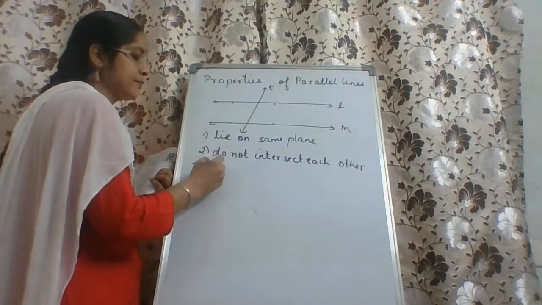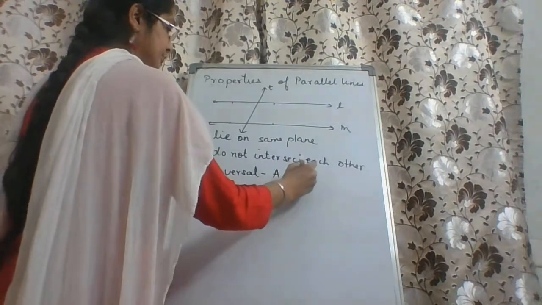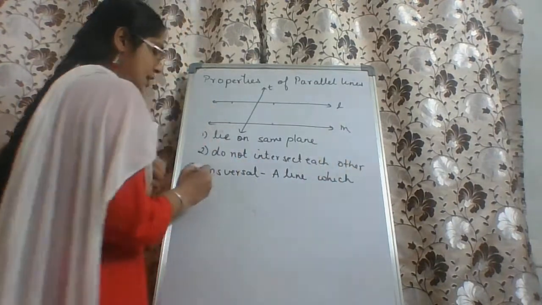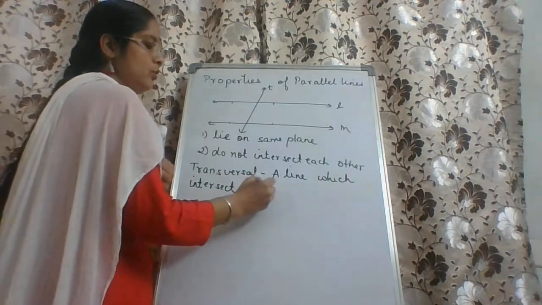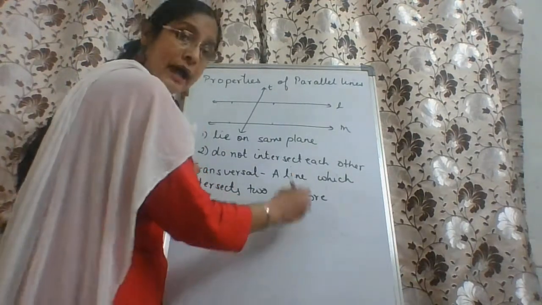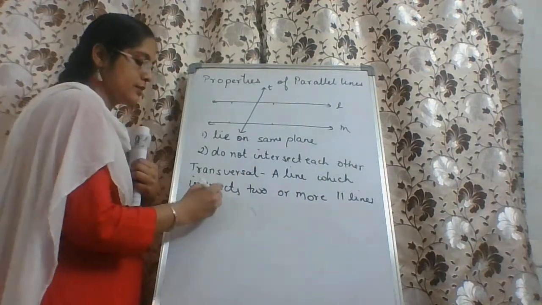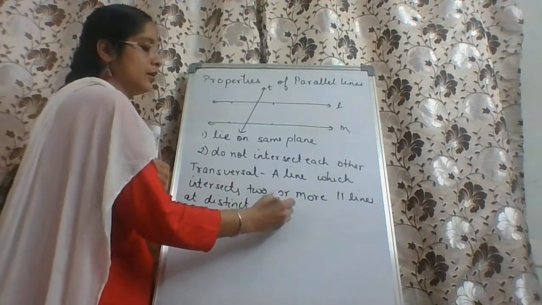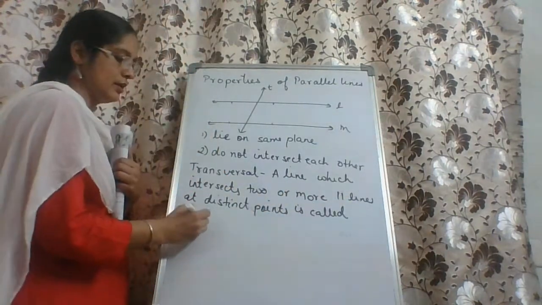Transversal is a line which intersects two or more parallel lines at distinct points is called a transversal.